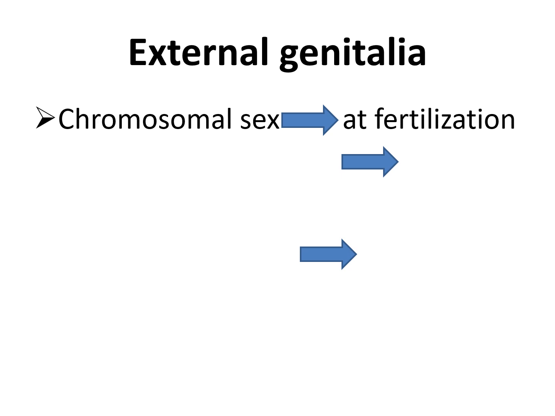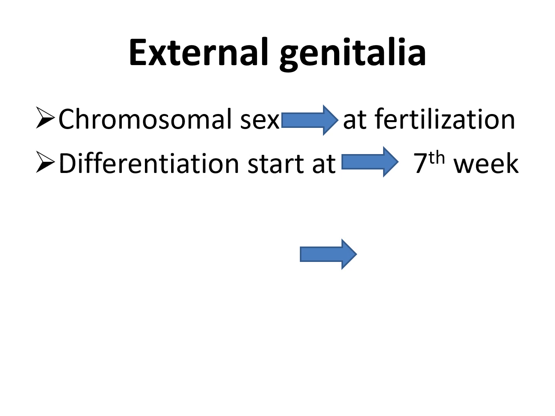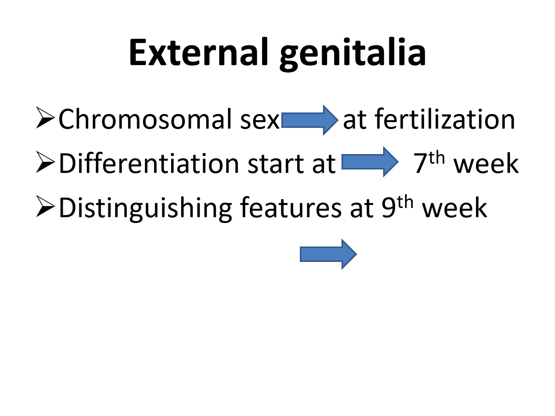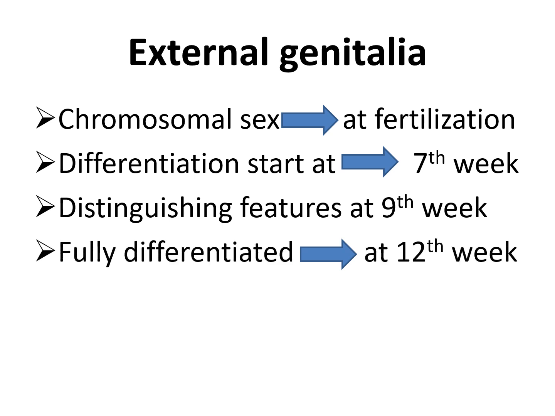So we have chromosomal sex at fertilization. The differentiation starts at the 7th week after fertilization. So this is the start of differentiation. Before that, it is indifferent. Distinguishing features start to appear at the 9th week, and you can judge confidently at the 12th week, where the sex is fully differentiated.